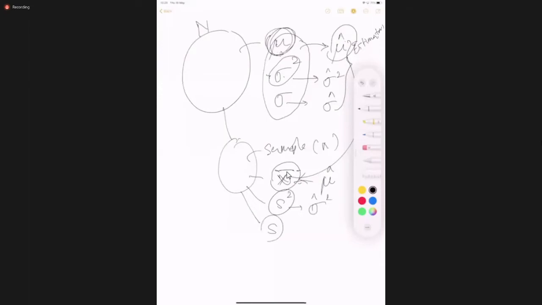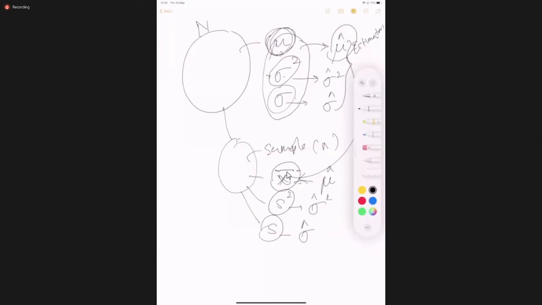Then if we use the sample standard deviation to estimate the population standard deviation sigma, in that case, S is going to be sigma hat. Is that clear?